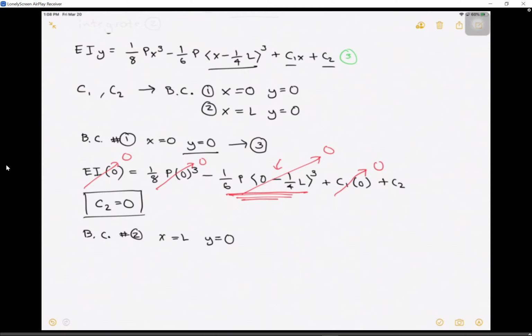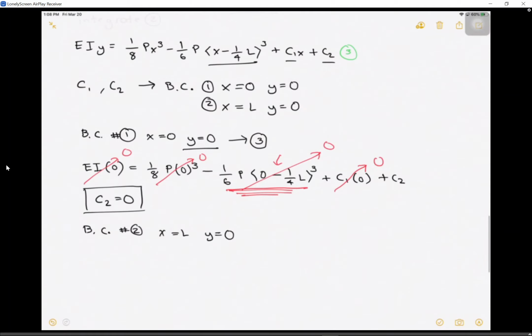Now for this specific boundary condition, again, we're going to use equation number 3. We have no other choice because we want to use this y is equal to 0.